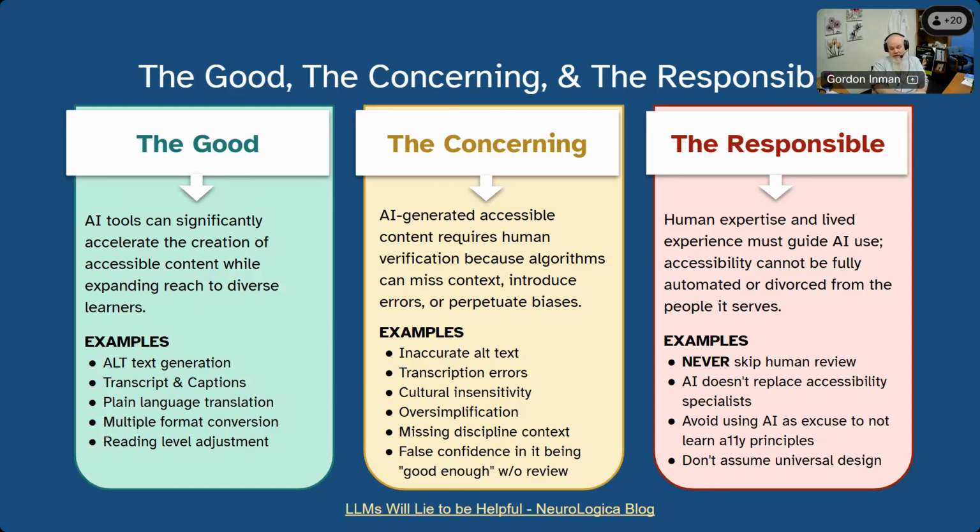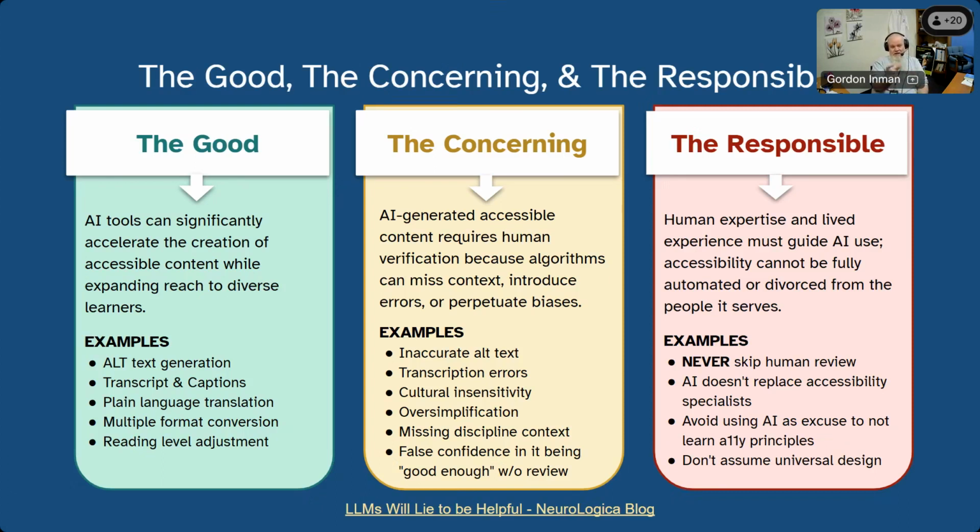And another thing is we still need the experts, the AI specialists and the AI accessibility specialists and experts like Murray. AI doesn't replace them in having those skills and the knowledge about what makes things accessible.